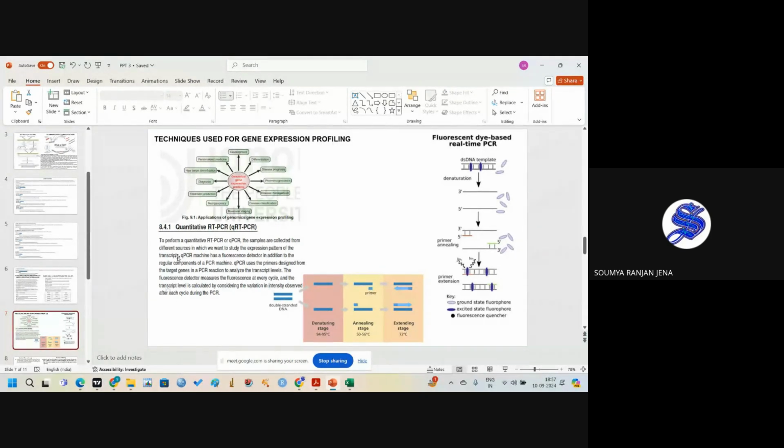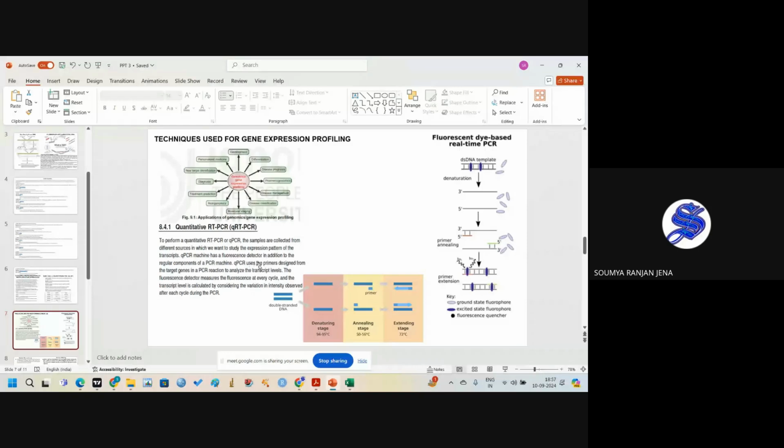How does this PCR work? To perform a quantitative real-time PCR, or qPCR, the samples are collected from different sources in which we want to study the expression pattern of any transcript. Transcript means mRNA. The qPCR machine has a fluorescence detector in addition to the regular components of a PCR machine.